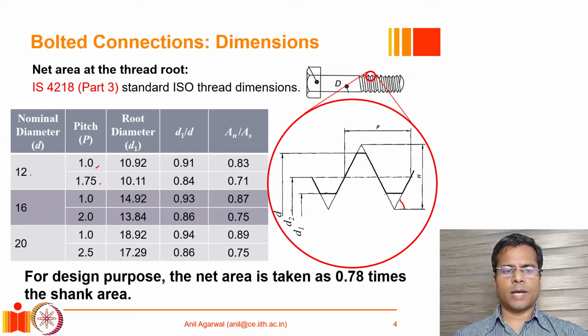So for different bolt diameters, which is the D value here, the pitch in millimeters can be between these values. For example, for a 16 millimeter diameter bolt, the pitch can be at one extreme 1 millimeter, at the other extreme 2 millimeters.